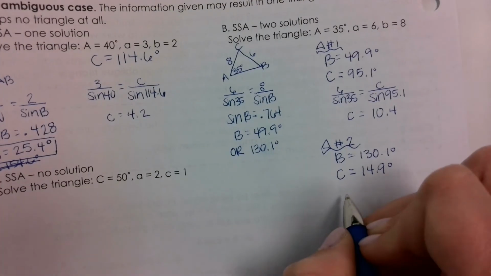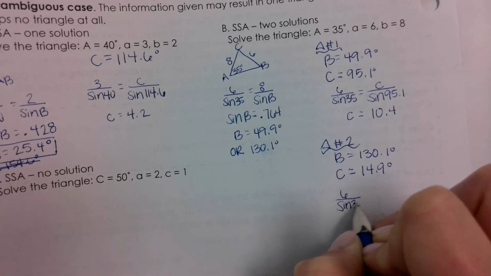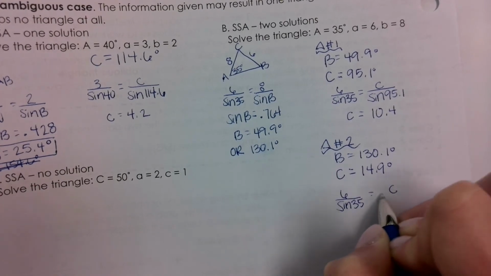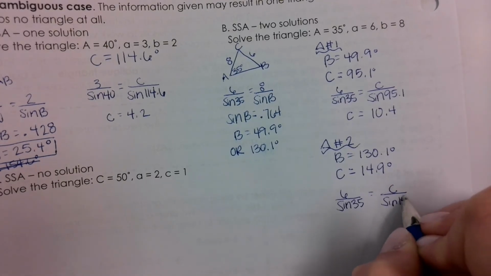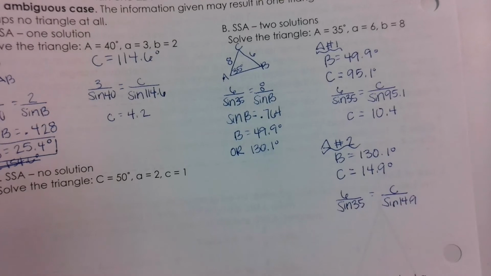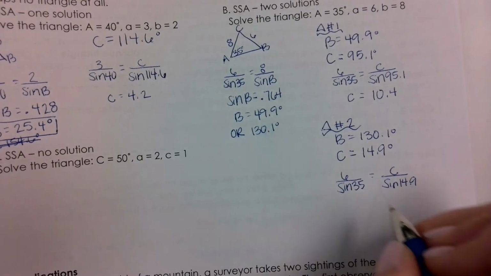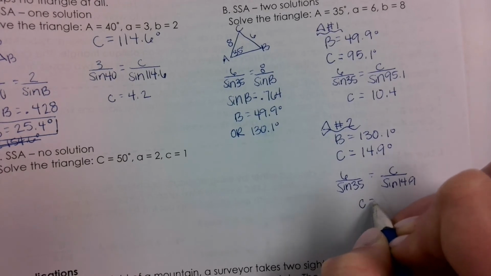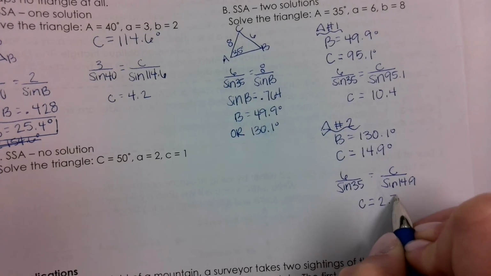Now that we have that angle C, we could solve to find side C. You'll set up your proportions just like we did before. So 6 over sine of 35 is going to equal side C over sine of 14.9 this time. Then you'll cross multiply and solve for C. And what do we end up getting there? 2.7.